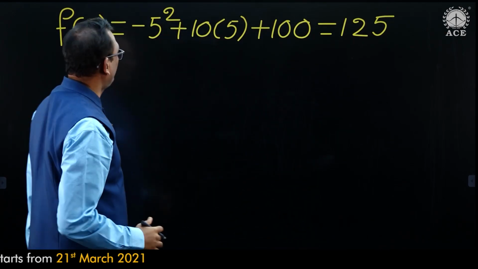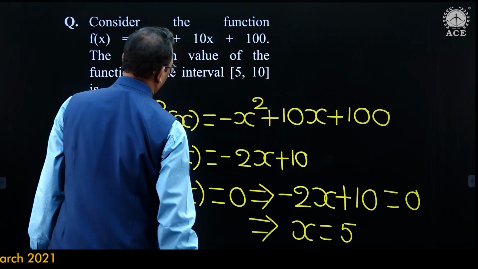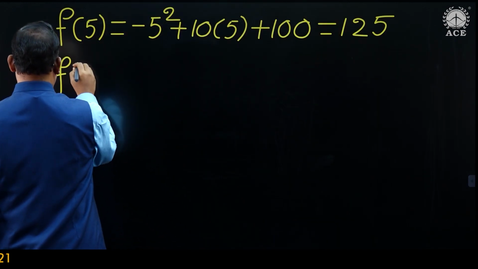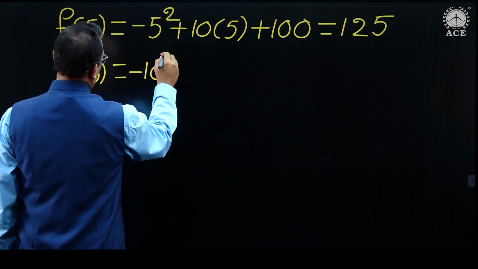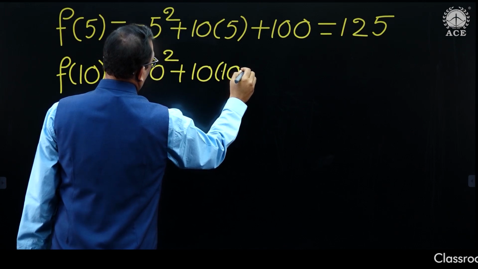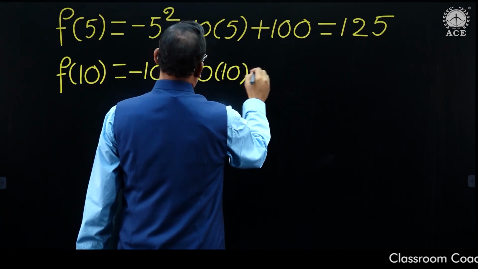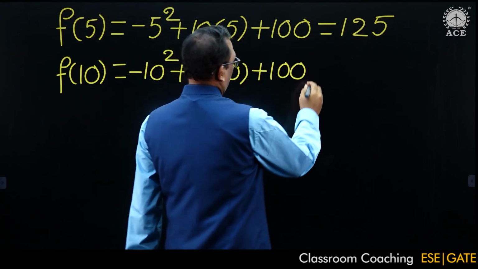Similarly, let us find f of x value at the other endpoint of the given function. F of 10 is equal to minus 10 square plus 10 into 10 plus 100. So answer 100.